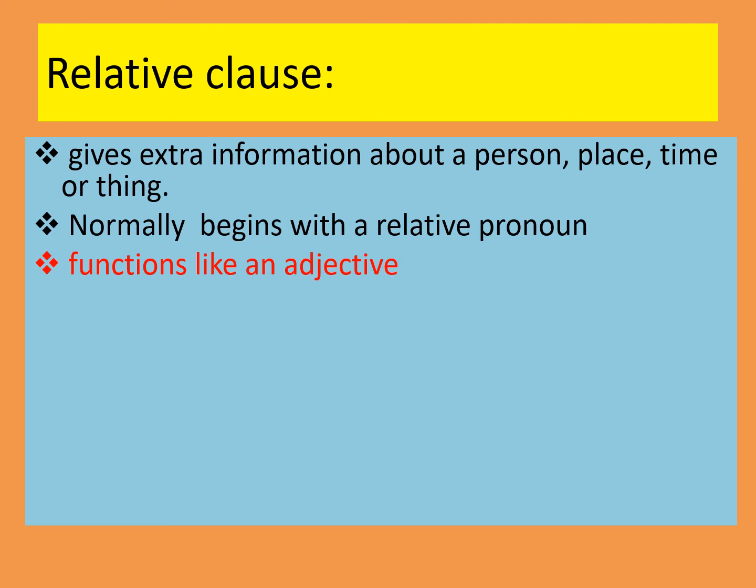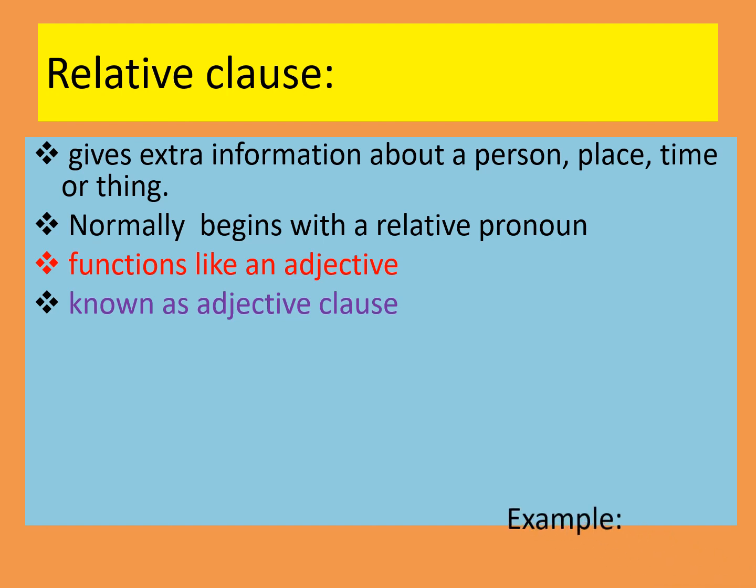In all the previous examples, the relative clause gave the information about a noun. So that means it modifies the noun. If a word modifies a noun, we call that word an adjective. So here the total clause is modifying a noun. So the relative clause functions like an adjective. So it is known as an adjective clause.